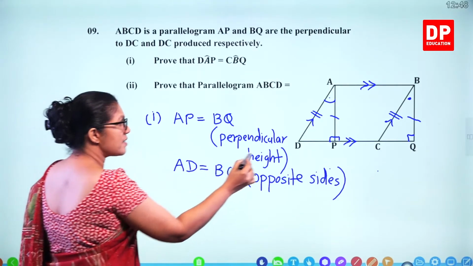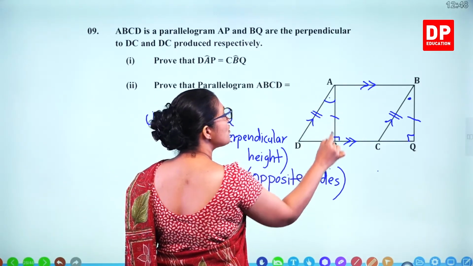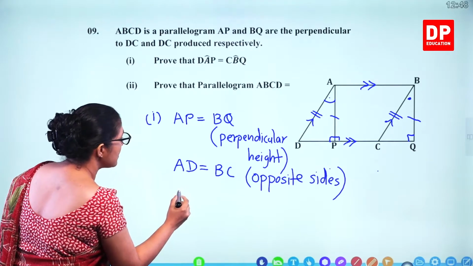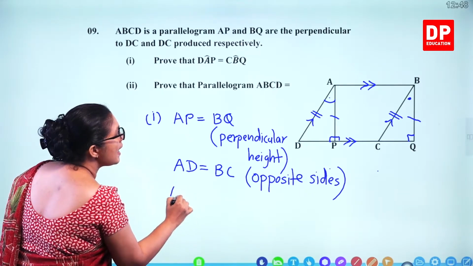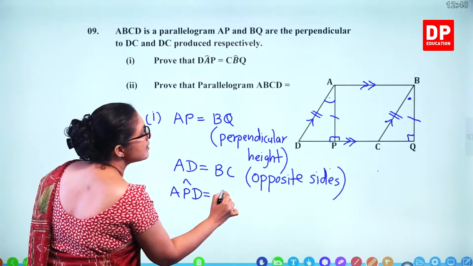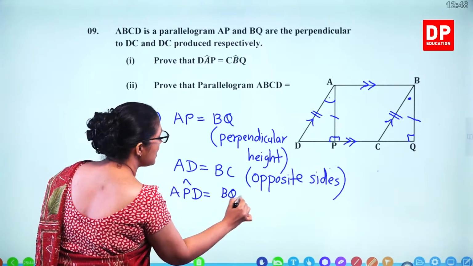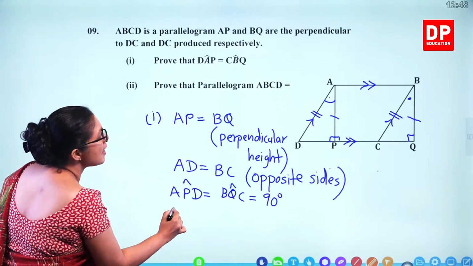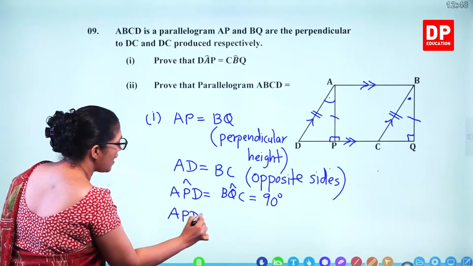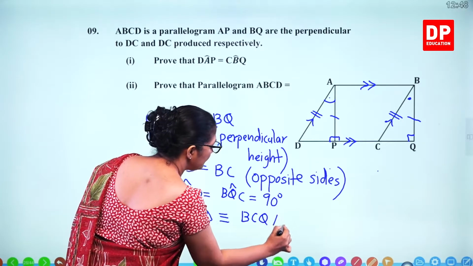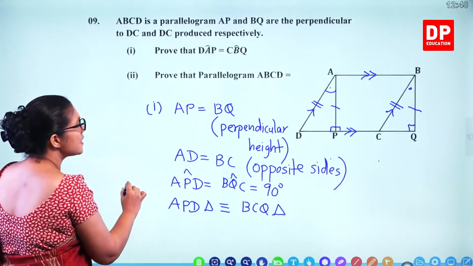Then these are right angle triangles, with hypotenuse and one side equal. Both triangles are congruent. You can say angle APD and angle BQC are 90 degrees. So we can say triangle APD is congruent to triangle BCQ. What's the case?